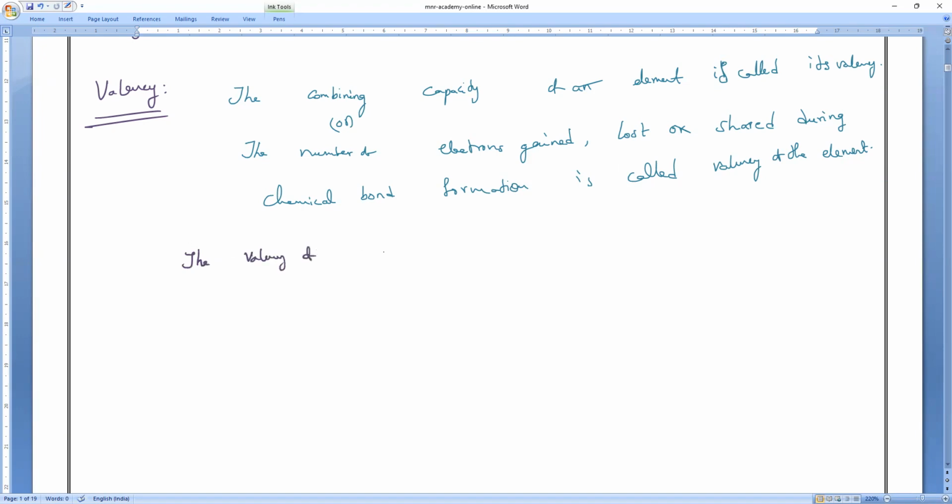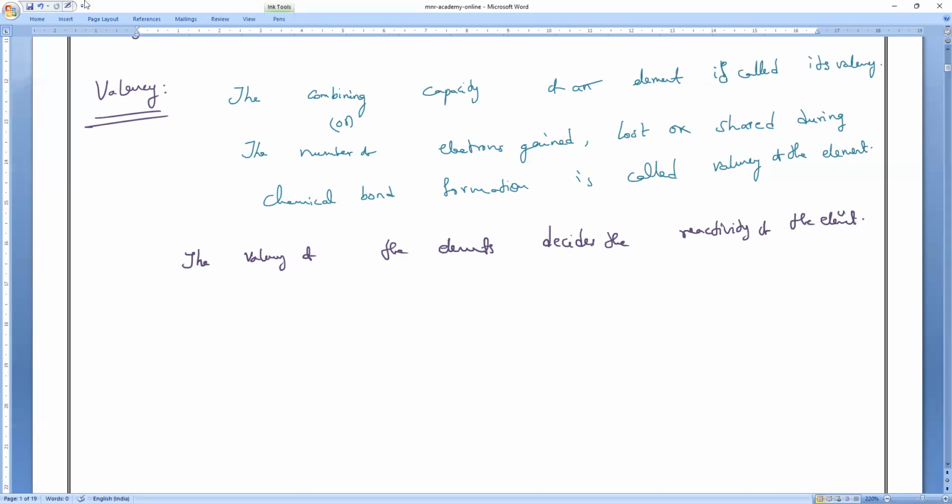So the valency decides the reactivity of the element. Do you all understand, everybody?